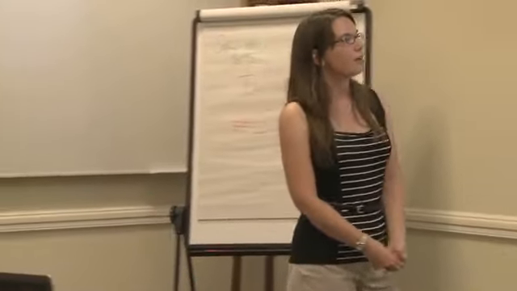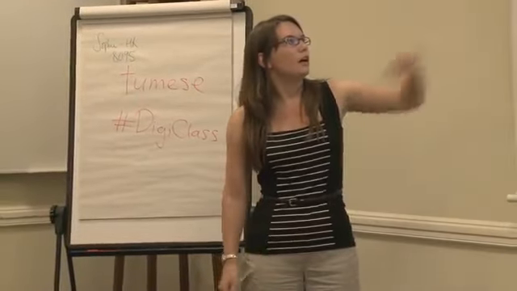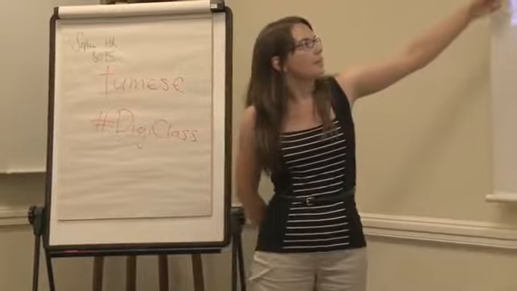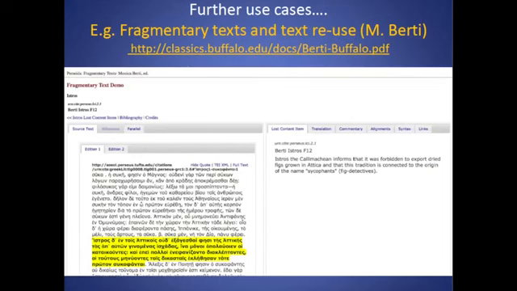Monica is working on fragmentary authors. Here she's working on Istros, and she's telling us that this is a fragment of Istros integrated into another text. The module leveraged this text from Perseids, and Monica was able to identify this through the annotation module.